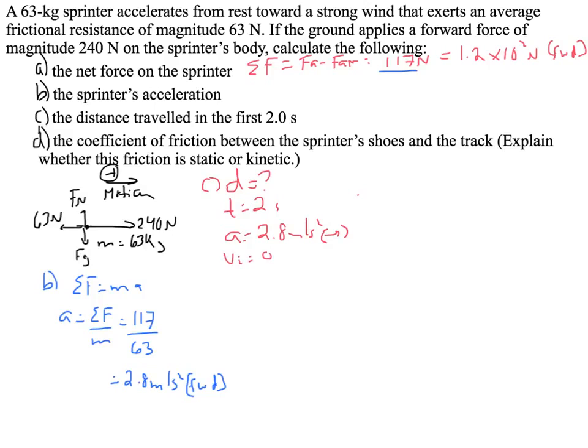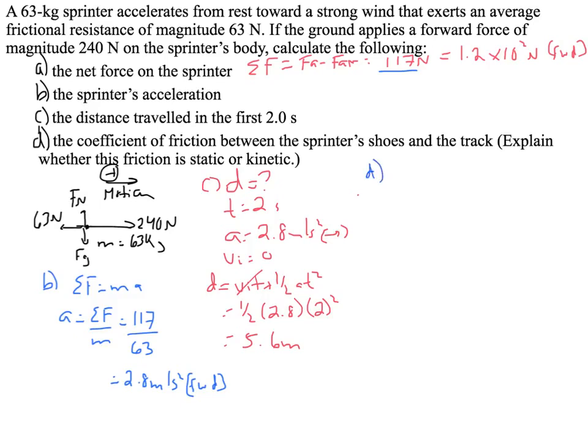So we're going to use our equation, d equals Vi t plus 1/2 a t squared. That first term crosses out because it's 0, so we're left with 1/2 times 2.8 times 2 squared. That works out to be 5.6 meters. It's just asking for distance, so we don't need the direction.